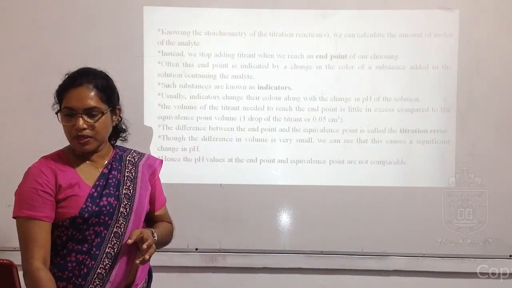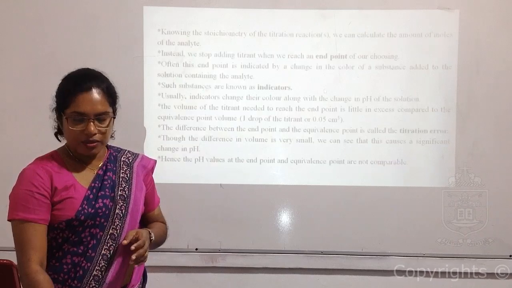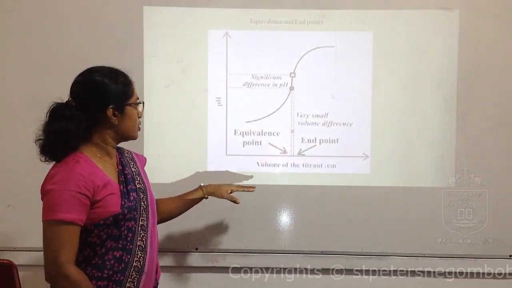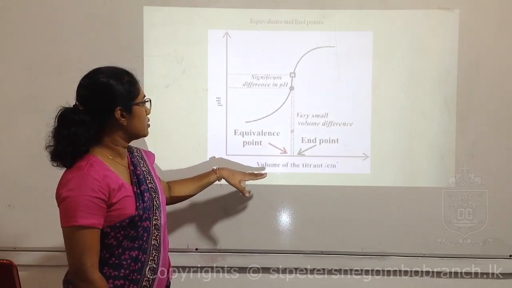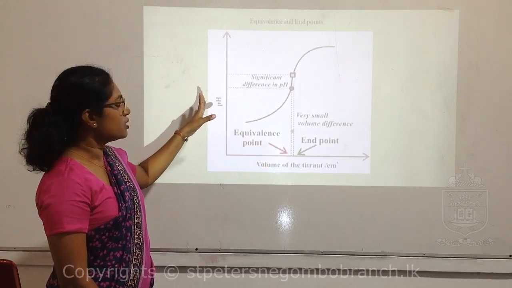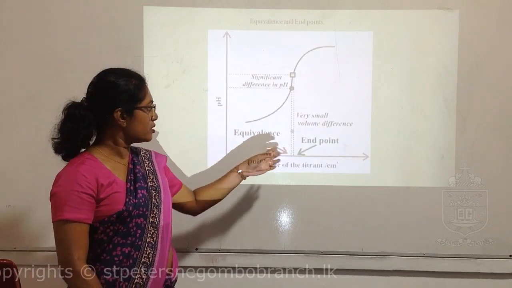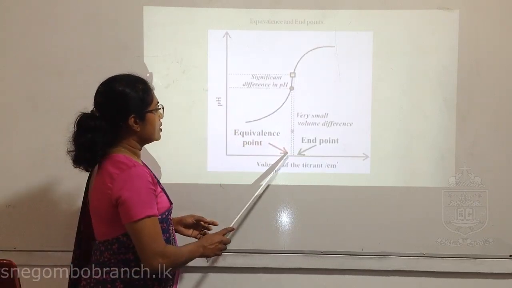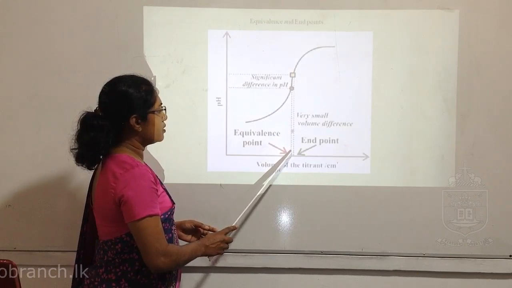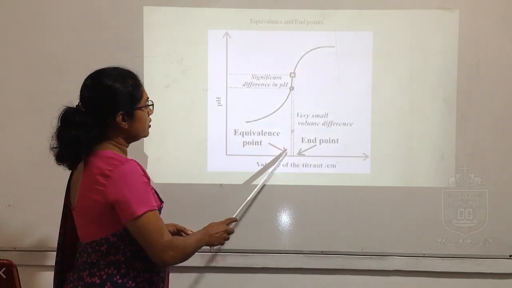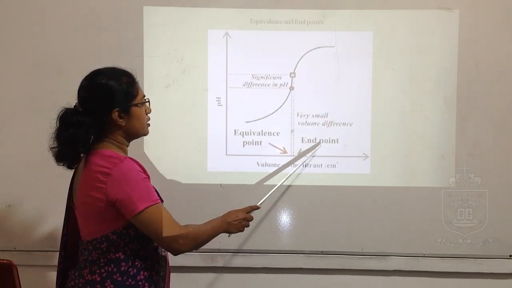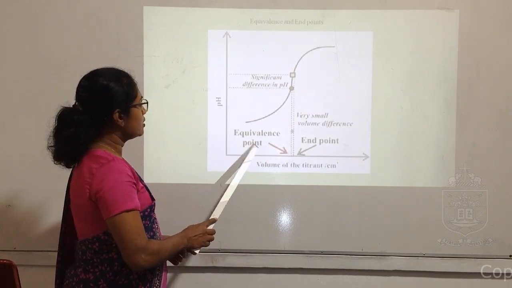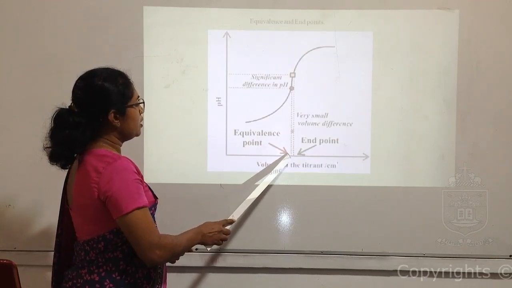And if we construct a curve of volume of titrant against pH, it is like this. You can see here, this is the equivalence point of our titration and this is the end point. The green arrow shows the end point and the red arrow shows the equivalence point.